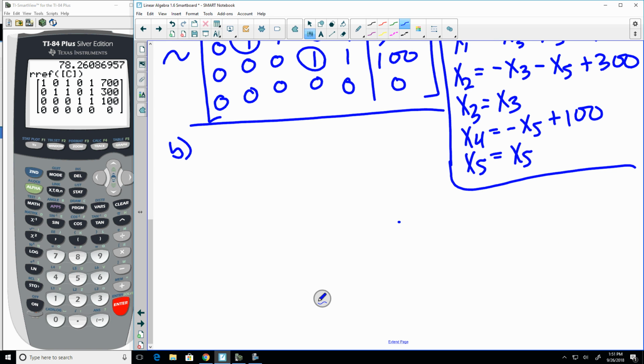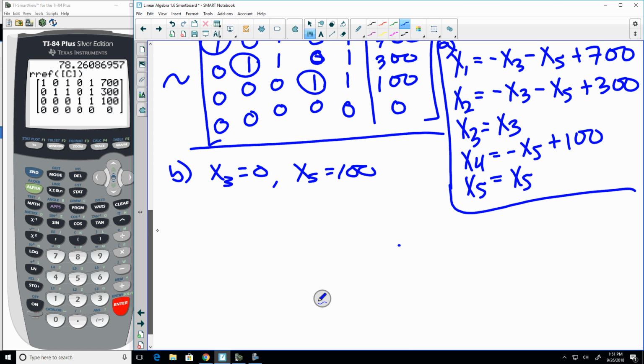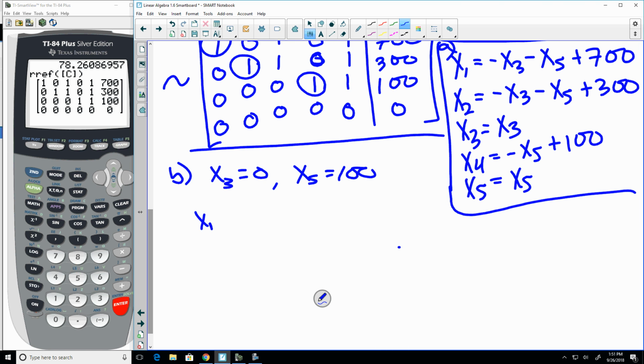The B part says when X3 is 0 and X5 is 100, find the traffic flow. So we're just going to plug them in. X1 will be 0 minus 100 plus 700.